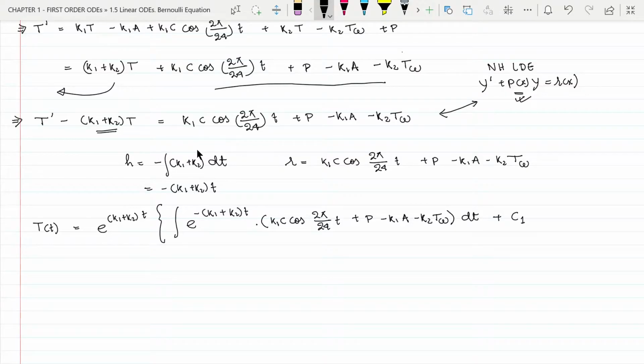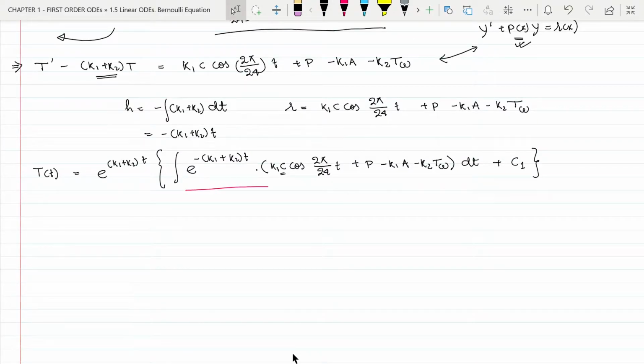Now we have to write C1 here because the C term has already been used in here. Now we have to integrate this term to get the solution.